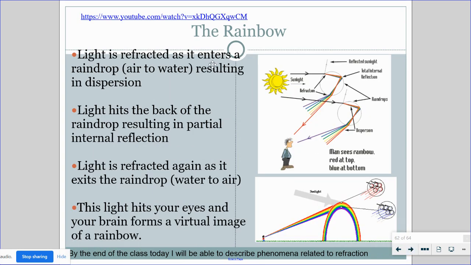The light is refracted as it enters the raindrop, resulting in dispersion. Then the light hits the back of the raindrop, resulting in partial internal reflection. Then it's refracted again as it leaves the raindrop. This light hits your eyes and your brain forms a virtual image. This kind of shows why it seems to be upside down.